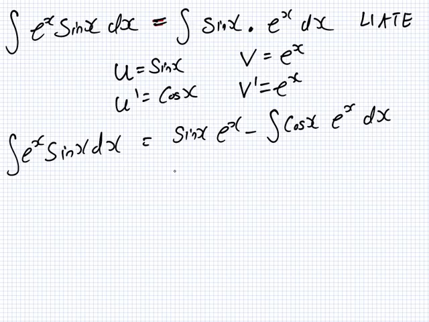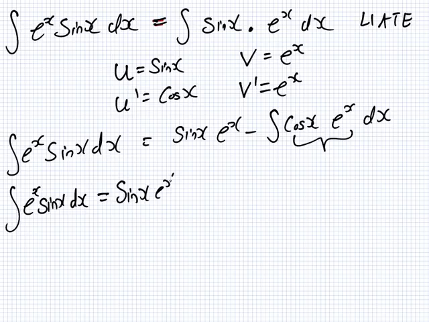Now you look at this and go, oh, I have to use the rule again. So the integral of e^x sin x dx equals sin x e^x minus, and I'll squeeze it in here, u equals cos x, so u derivative equals minus sin x, and v derivative and v are both e^x.